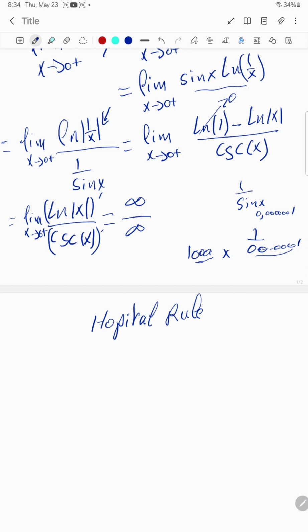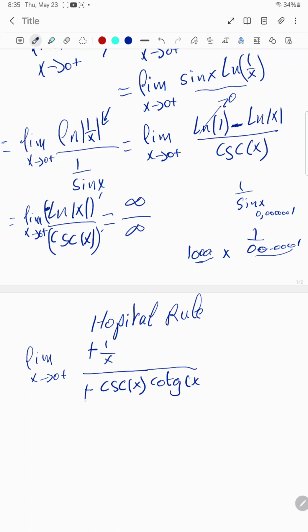So the derivative of, there is a minus here, I forgot to put it here, because ln of 1 is 0 and there was a minus. And now I know the derivative of ln of x is 1 over x, but there is a minus here, so it is equal to the limit when x goes to 0 plus of minus 1 over x divided by the derivative of cosec of x, which is minus cosec of x cotangent of x.